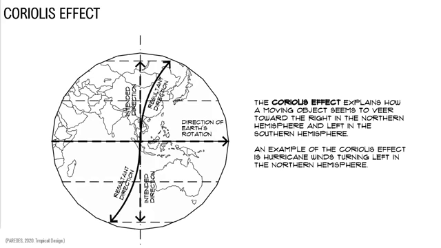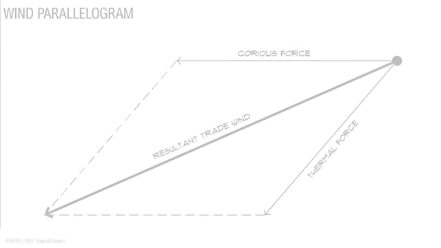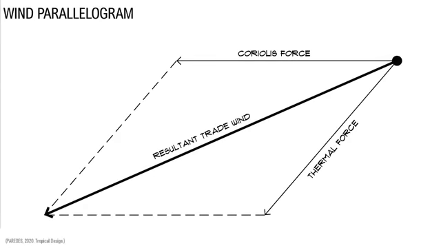The atmosphere is light, so it behaves like a fluid and is held against the Earth's surface only by gravity and friction. So when the Earth rotates, the air lags behind the Earth. That creates the Coriolis effect. Okay, so the resultant trade wind is the effect of the Coriolis force and the thermal force behind it.